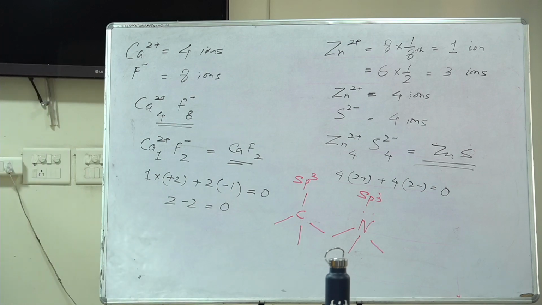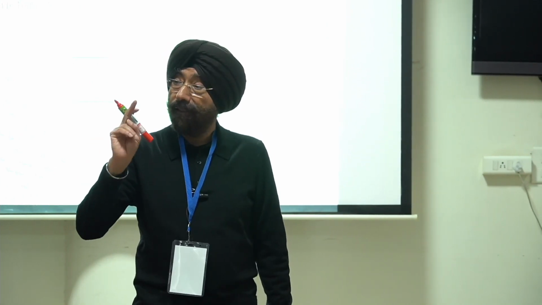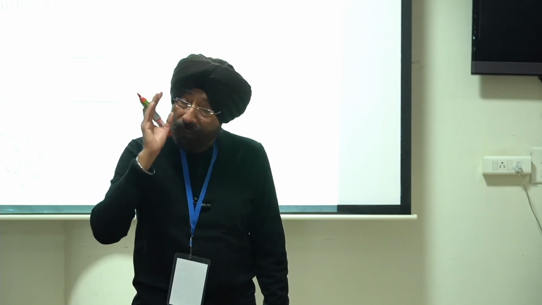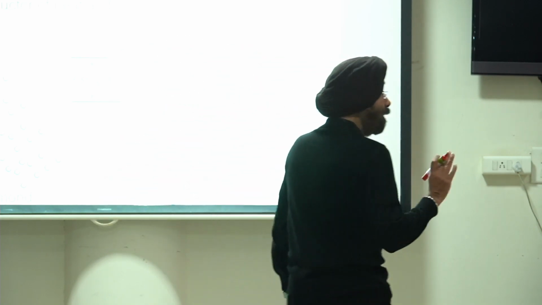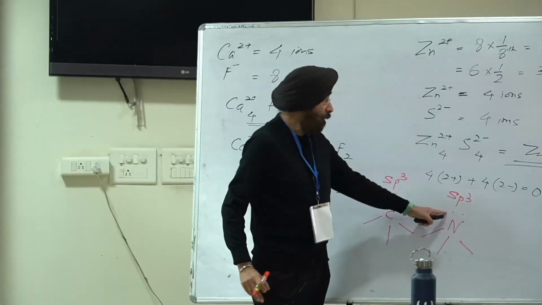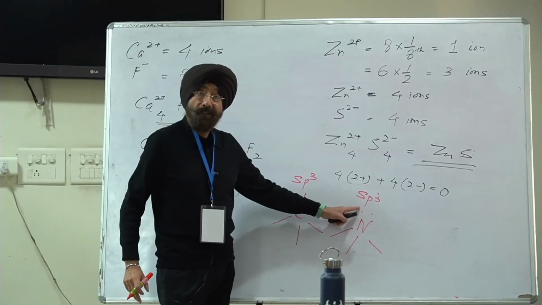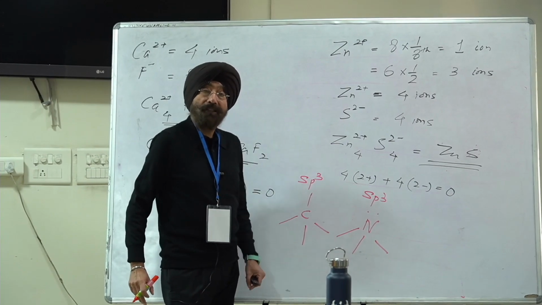It means that whenever the central atom possesses a lone pair, the lone pairs are counted as bond positions. Do not exclude them. So there is a fourth position available, though it is not occupied, and that is why it is still sp3.